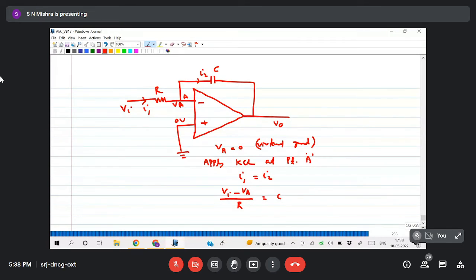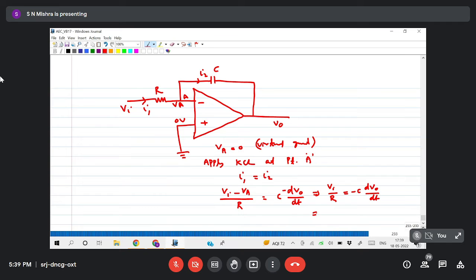So C dV by dt means C d(VA minus V0) by dt. With VA equal to 0, I'll get minus C dV0 by dt. So that implies Vi by R equals minus C dV0 by dt.